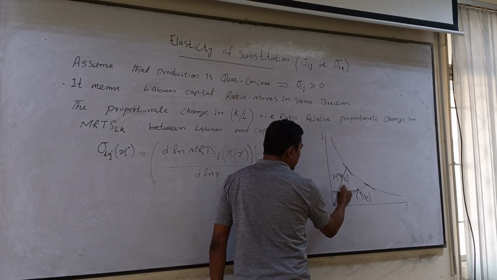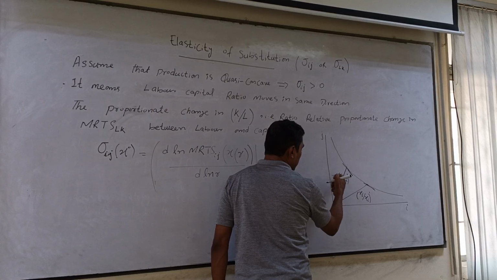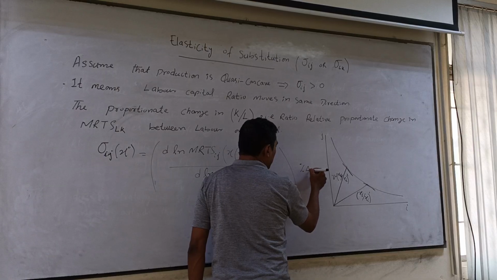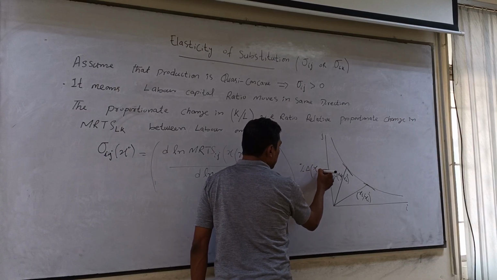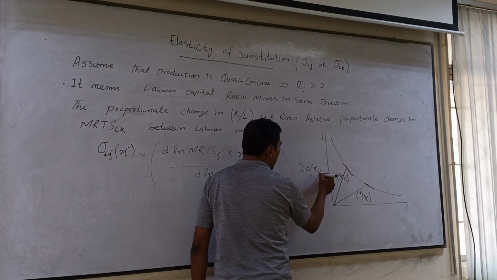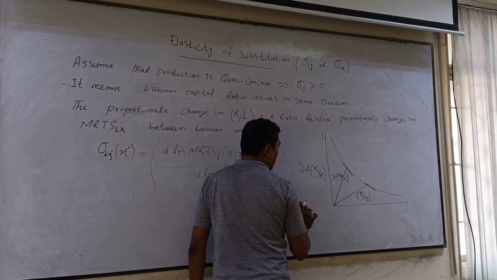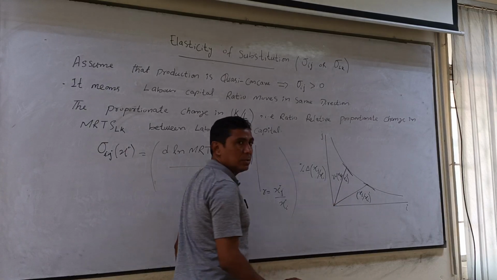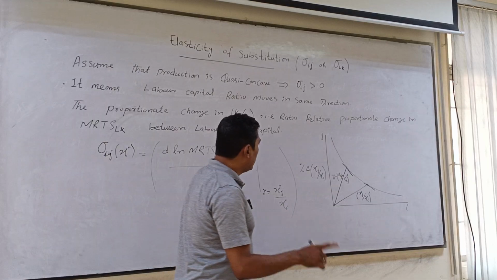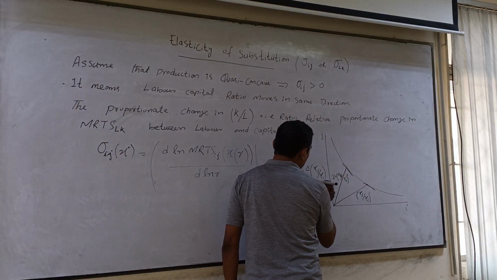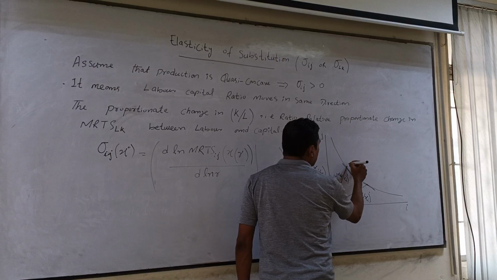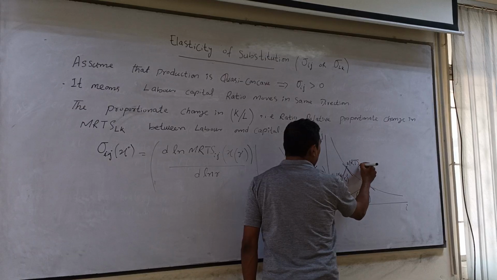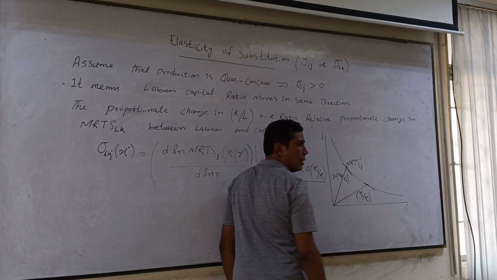The proportionate change in labor and capital ratio, the percentage change in xj over xi, the change in this labor and capital ratio, divided by, this is MRTS, MRTS ij 1.